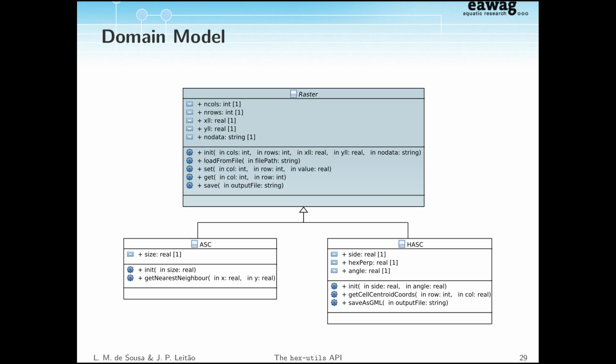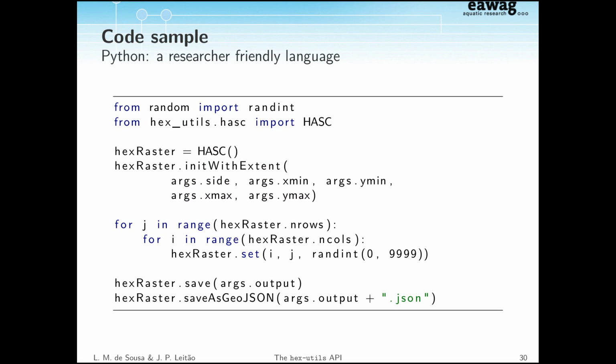And then there are 2 physical classes, one for the Esri ASCII file format and another for the HexASCII hexagonal raster format, each one with their specific methods and specific properties.